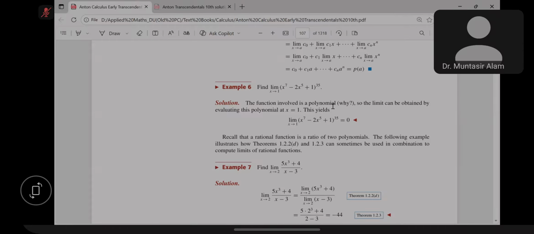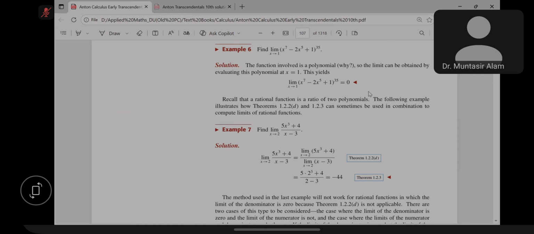Okay, so first consider x to the power 7 minus 2x to the power 5 plus 1 as a polynomial. As I said, the limiting value of this part should be equal to its function value. Just replace x by 1, then you will get 0, and 0 to the power 35 is always 0. That means your limiting value should be 0.